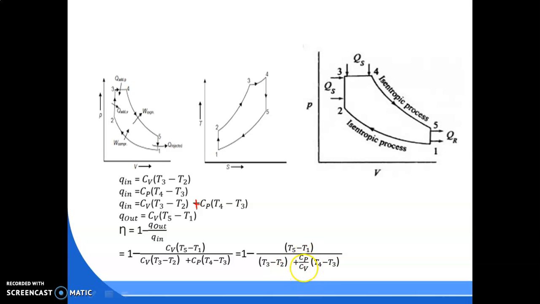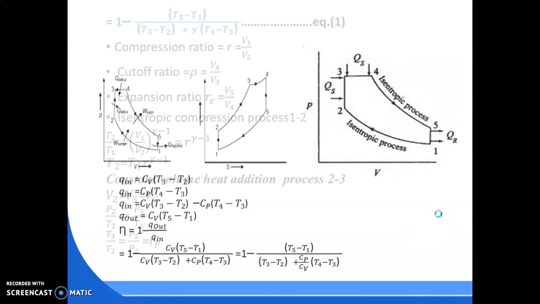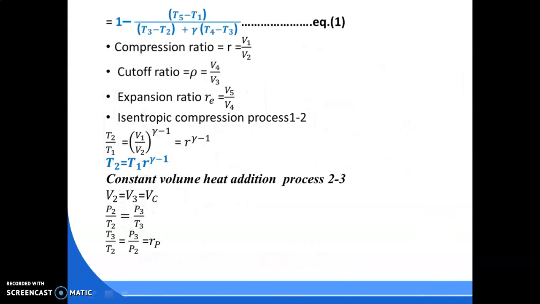What is Cp by Cv? Cp by Cv is equal to gamma. So there are two heat additions, one at constant volume and one at constant pressure, and heat rejection, that is 5 to 1. Clear? The next. I am putting this as equation number 1: efficiency is 1 minus (T5 minus T1) divided by (T3 minus T2) plus gamma into (T4 minus T3).